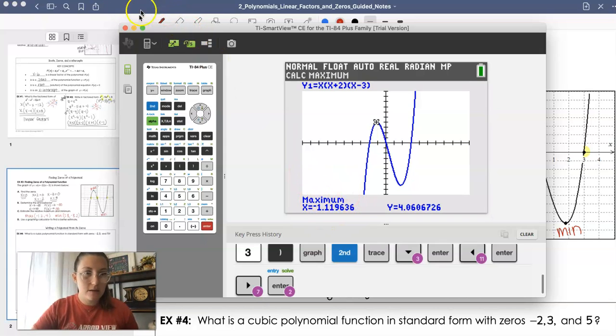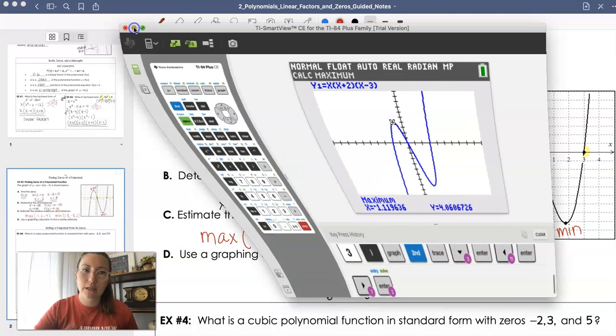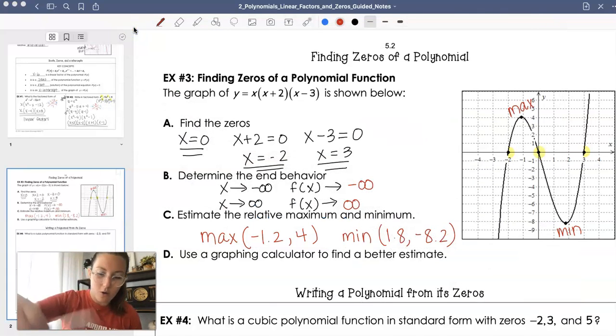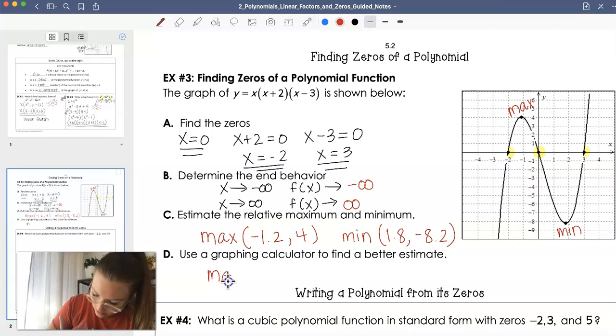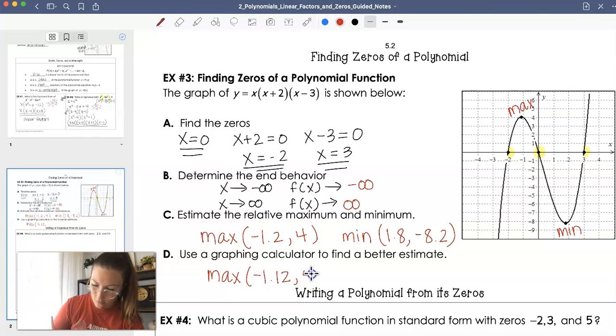So let's write that down. I always tell you guys to round to three decimal places, that's just standard, unless, of course, we're talking about money. So, rounding those, our max was at x = -1.12 and y = 4.061.